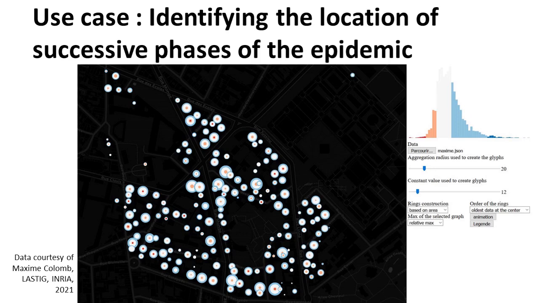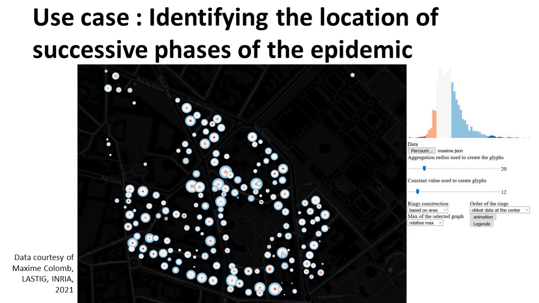For example, a user could perform a first overall visualization of one dataset using the growth ring map method in order to identify successive phases of the epidemic in one region during one temporal period.